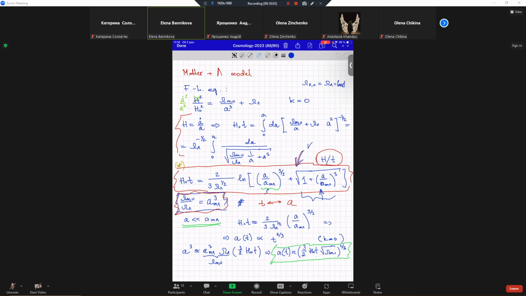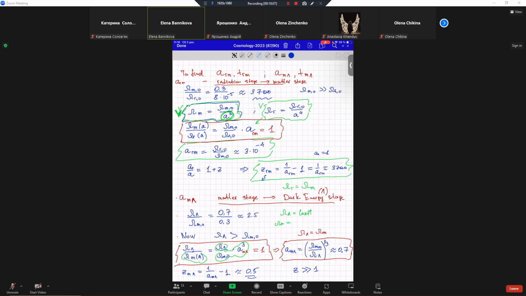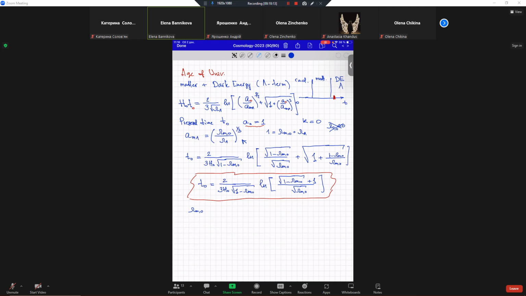Especially now, when space satellites give us slightly different values, of course you can use a new one. For now, we can use approximately 0.3, or for Planck, it's 0.26 to be much more precise.